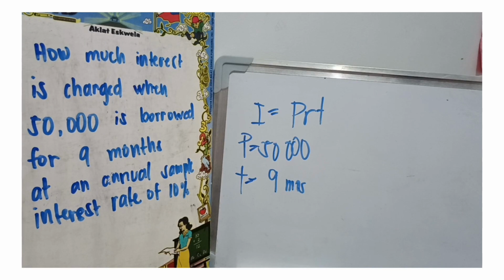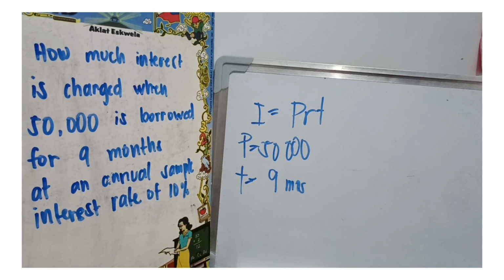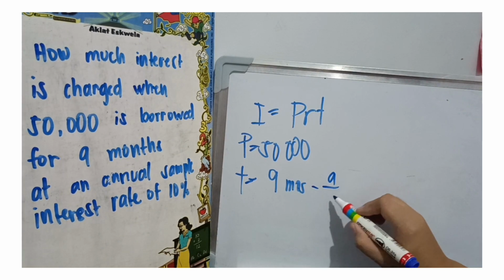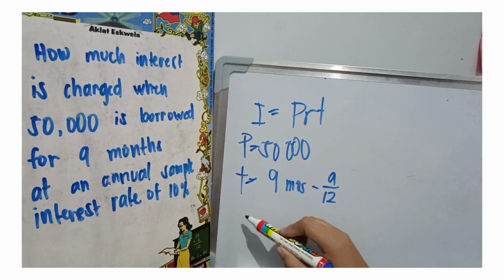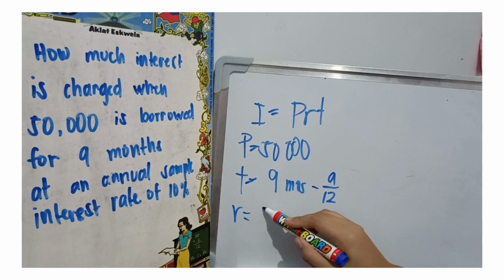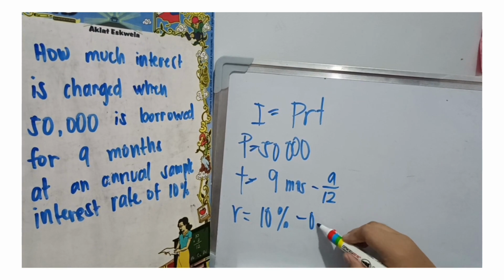Since it says annual, meaning to say, in 1 year we have 12 months, so 9 over 12. And the last one is R, the interest rate, which is 10%. Let's convert it into decimal. So, 0.10.